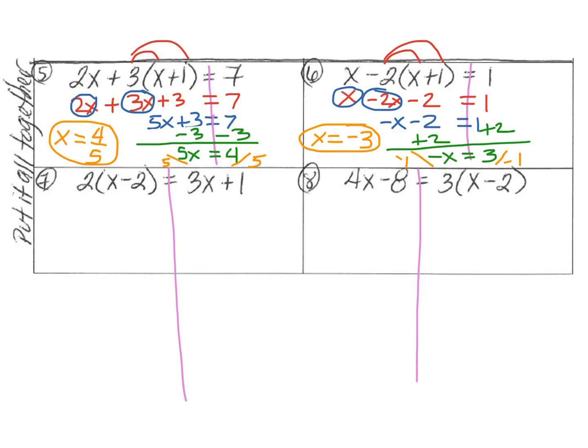And I do want to say that in step 2, a lot of people have not been circling the variable terms, and that is very, very visually helpful to you, along with drawing the rose line. If you draw that rose line and you draw those circles, it's very easy to see if those circles are on the same side of the rose line or if they're on opposite sides of the rose line.